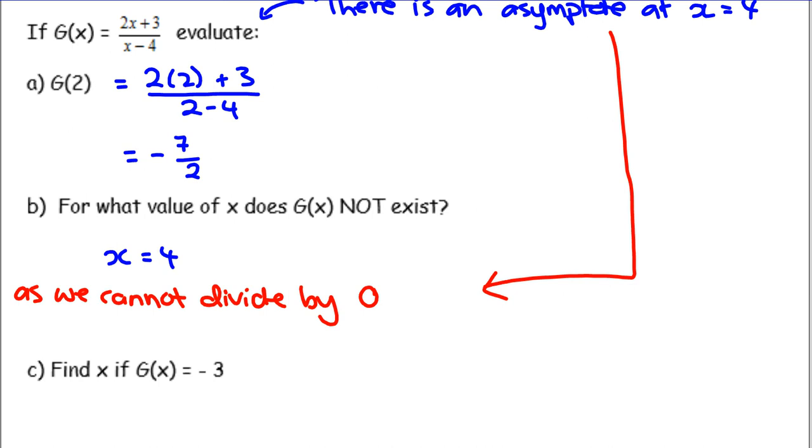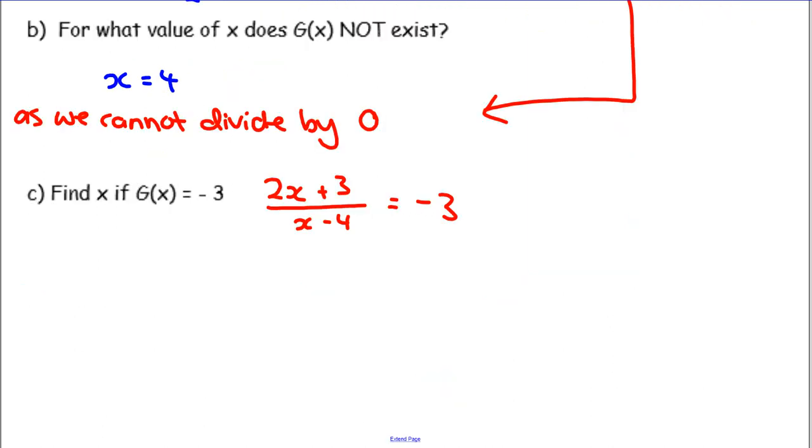So 2x plus 3 is equal to negative 3. A nice easy way to start is to just set the equation equal to the number. So now it's solve.